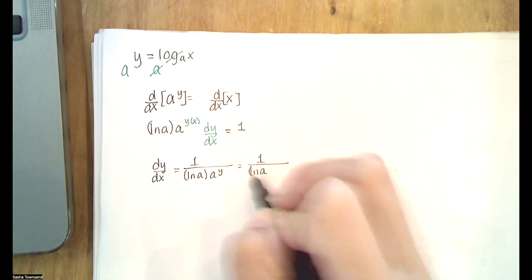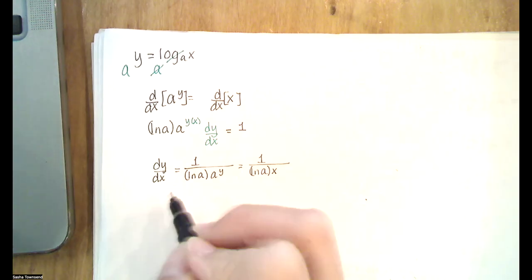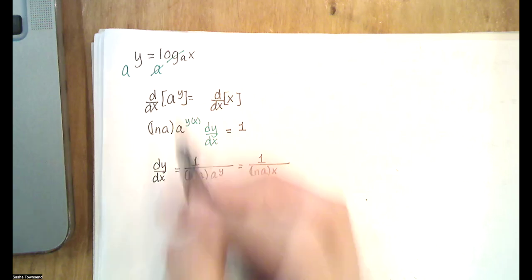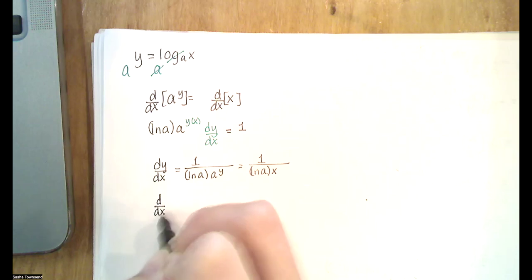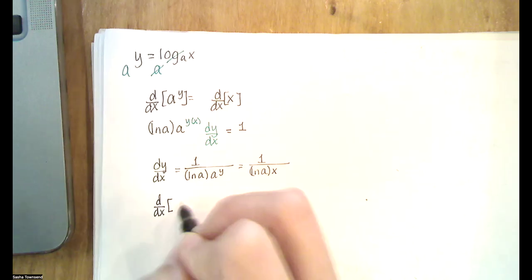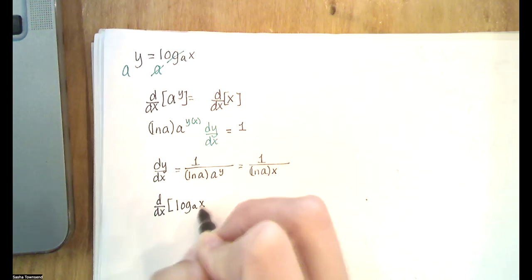So again, you're going to see the same trends with the derivative of log base a of x that you see with the derivative of natural log of x. Because remember, y was actually log base a of x.